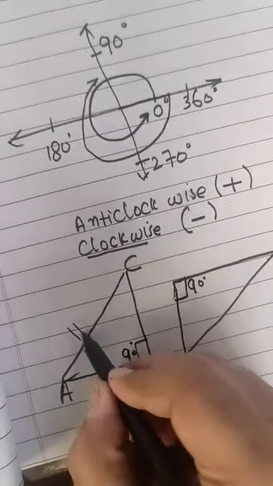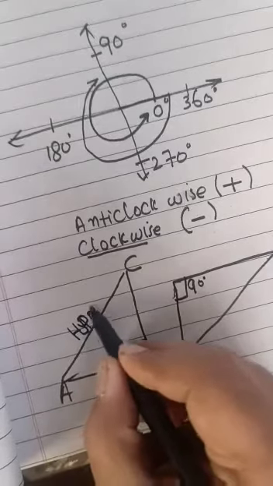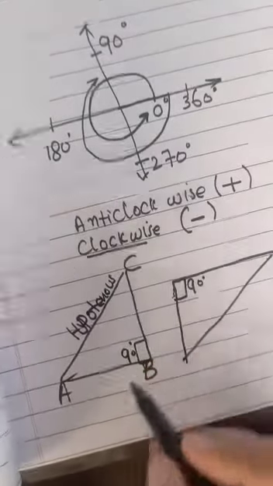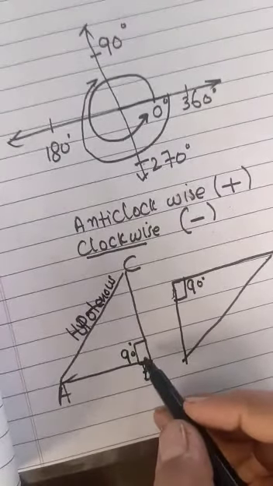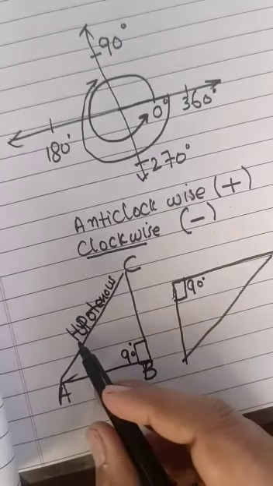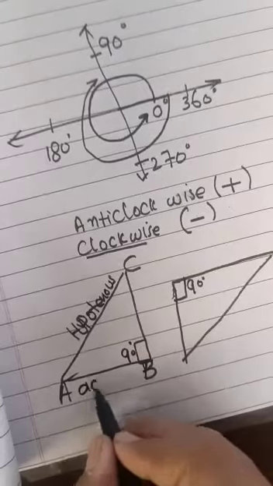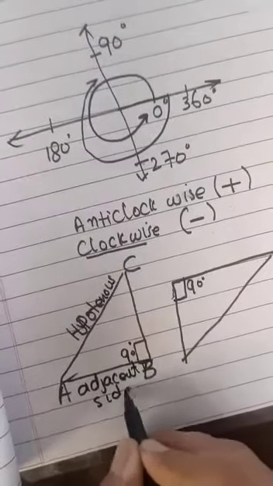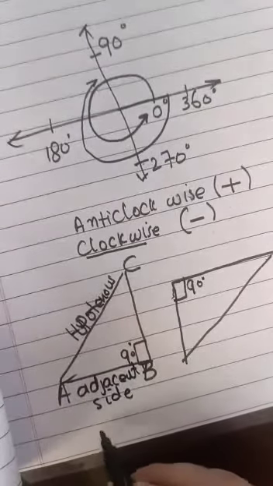अच्छा जी, अब 90 के सामने जो साइड होगा, the side opposite to the 90, it is called hypotenuse side, and the side which contains 90 and with hypotenuse, it is called adjacent side, or it is called base.